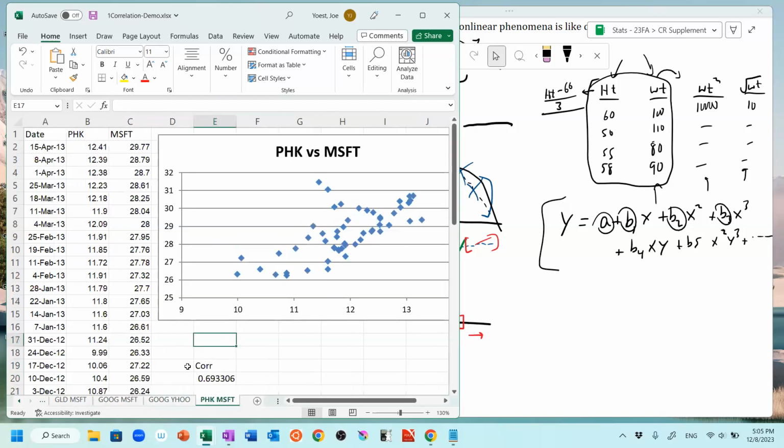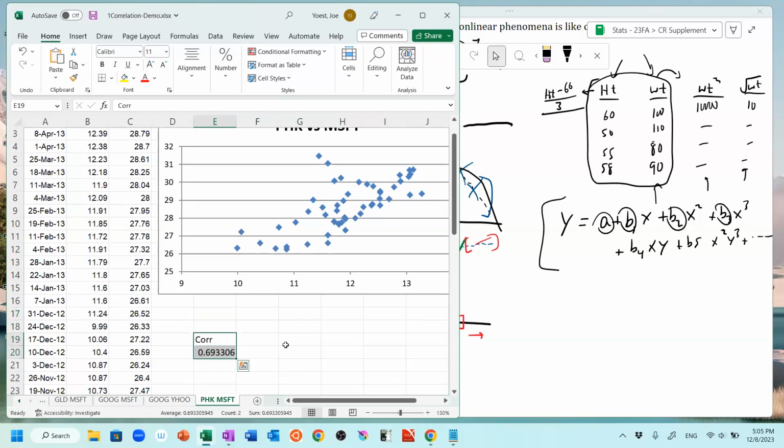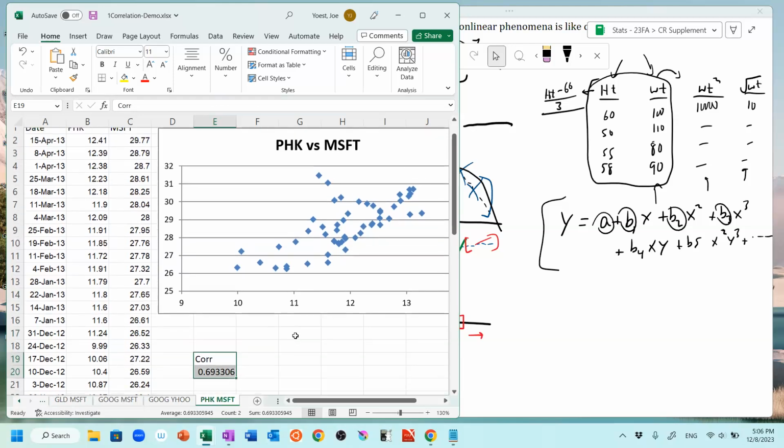And similarly with PIMCO and Microsoft, correlation of about 0.69, about 0.7. And again, I see that the magnitude of 0.7, that's getting up there, towards 1.0. So I think that there's a decent degree of linear relationship between the two variables.